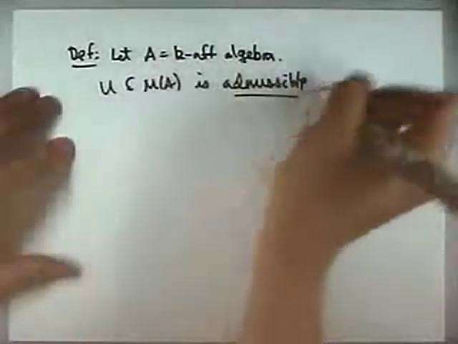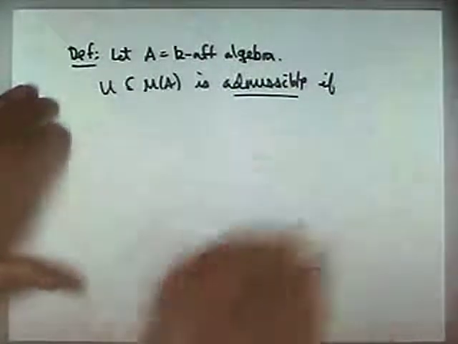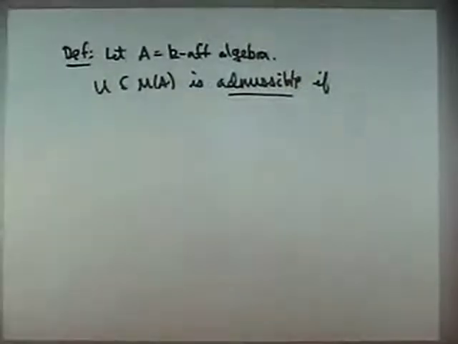So let A be a K-affinoid algebra. And I'll say that a subset U in M(A) is admissible if I want it to have a covering by affinoid domains.